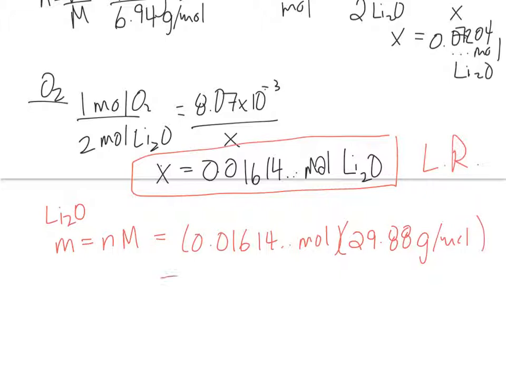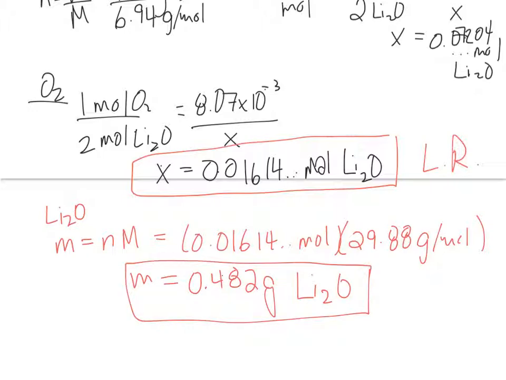We should have 3 significant digits in our answer, so we get 0.482 grams. So 0.482 grams of lithium oxide is produced in this reaction.